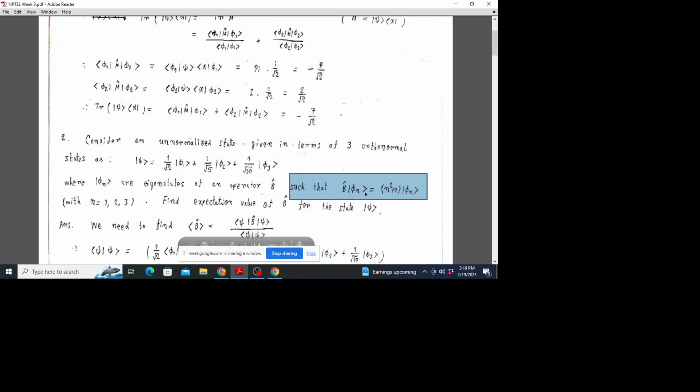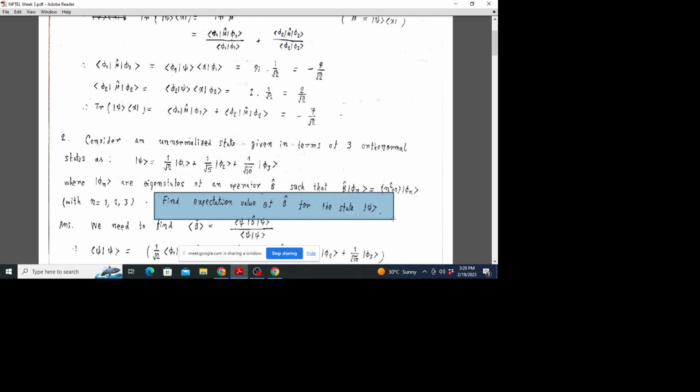B acting on phi n gives us the eigenvalue n square plus 1. And this is valid for all the three, phi 1, phi 2 and phi 3. That is what is written here. So we have to find the expectation value of B for the state psi. So, pretty standard setup.